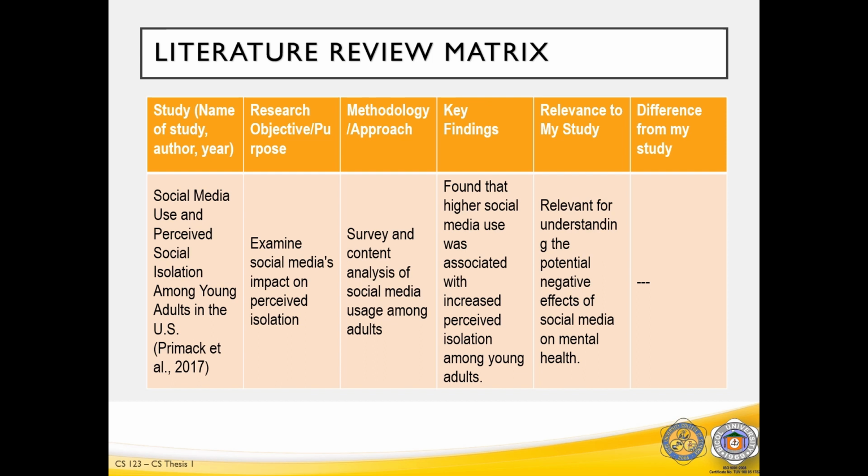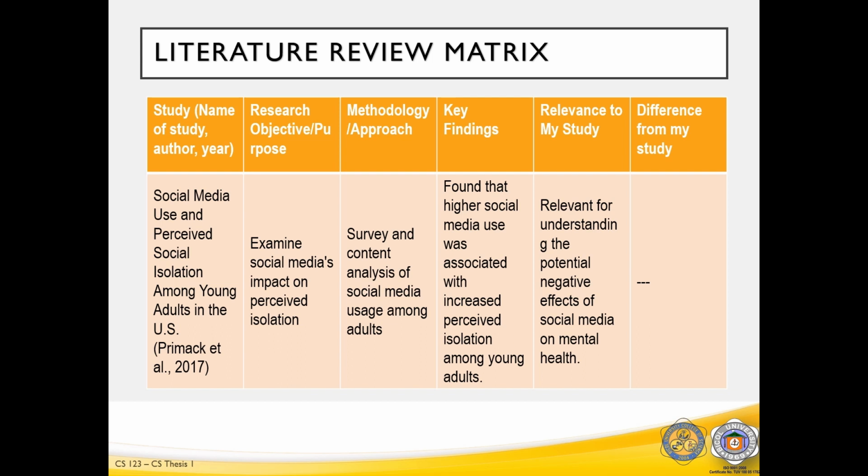All your literature should be inserted and placed on a table, with this heading. So first we have the study, wherein you will put the name of study, author, and year. Then we have the research objective. You can have the main objective of the study. Then we have the approach or methodology used.